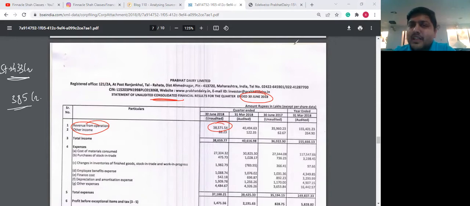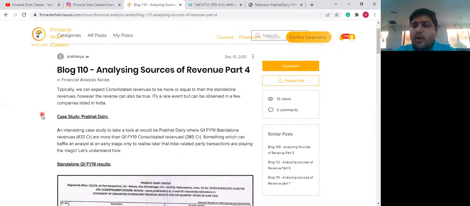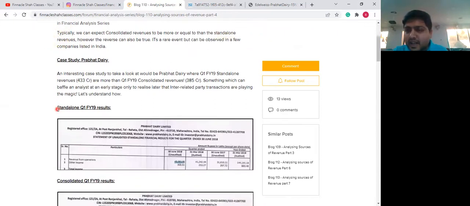Let's take a look using a simple dummy numbers example. What happens is Prabhat Dairy often procures milk and sells that milk to its subsidiary. The name of the subsidiary is Sunfresh Agro, and Sunfresh Agro processes that milk, produces a couple of products, sells those products to Prabhat Dairy, and then Prabhat Dairy sells it outside. For the viewer's perspective, let me pen it down.